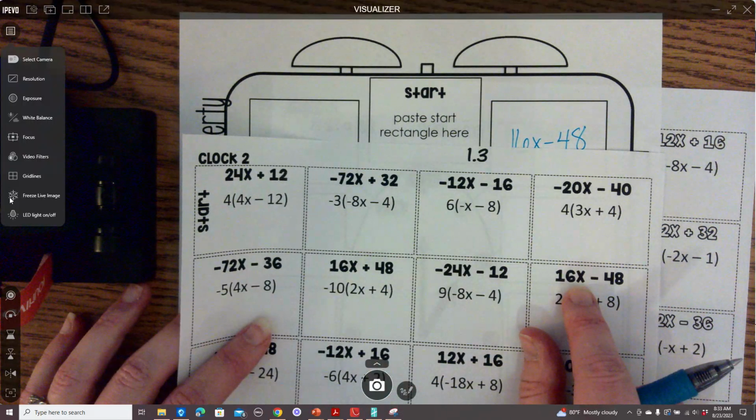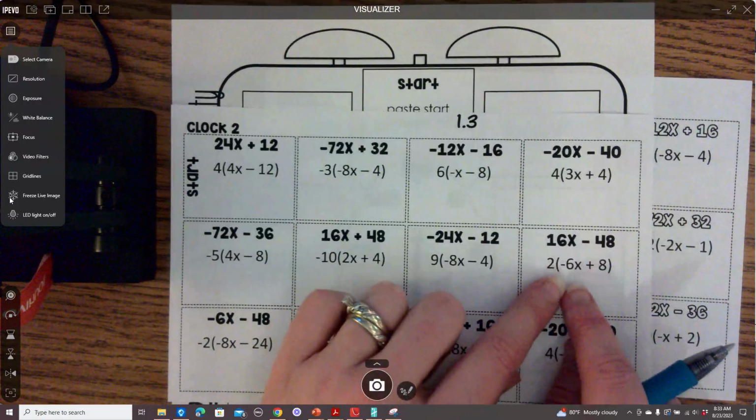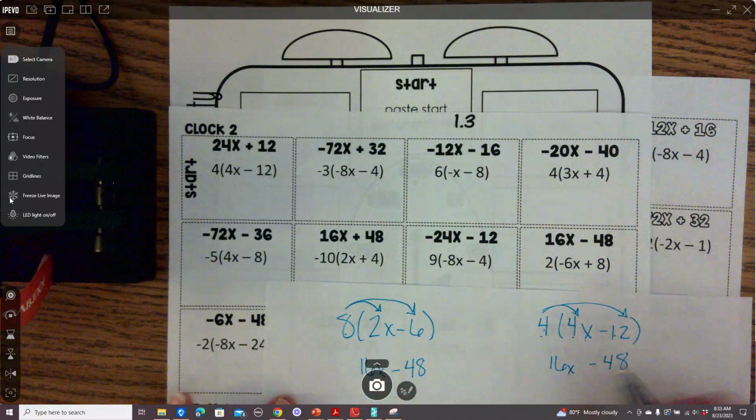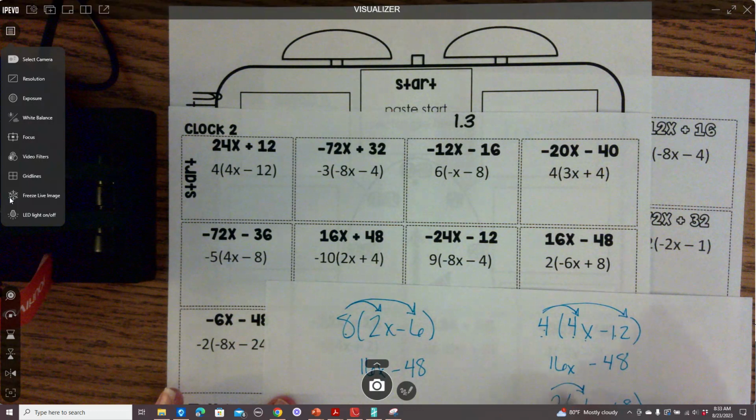But here's that answer I got, 16x minus 48. That means this is the next problem that I work for clock 2. 2 times negative 6x plus 8. I'm going to distribute. So 2 times negative 6 is a negative 12. Tack on the x. 2 times 8 is a positive 16.